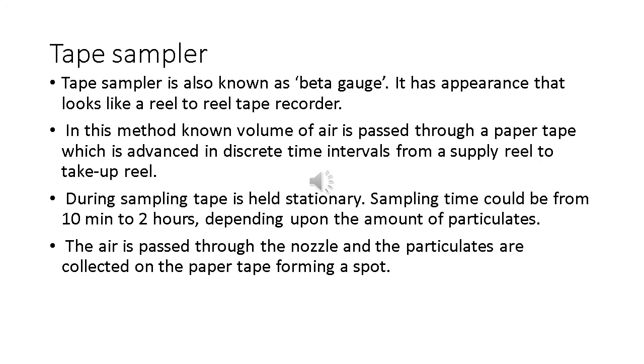The sampling time could be varied from as little as 10 minutes per sample to 2 hours, depending upon the amount of particulates. Spots are evaluated by analyzing the amount of light that can be transmitted through the spot.